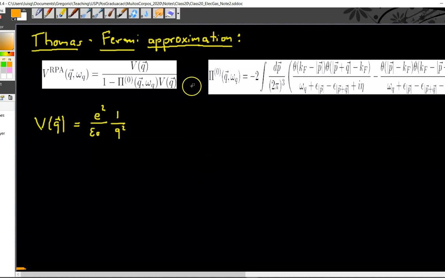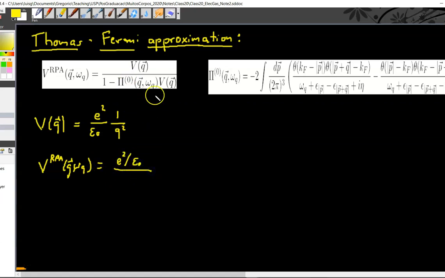So here we are. Let's try to give an idea of why we get that cutoff. First, let's do a quick calculation by substituting VQ here, and I should get something like that for RPA at Q and omega Q. This should be e squared over epsilon 0, with a 1 over Q squared here.